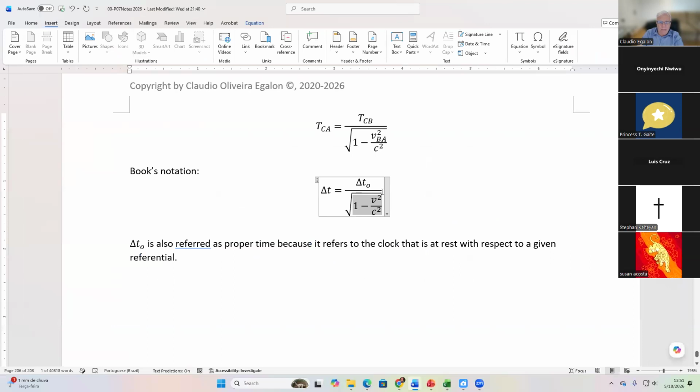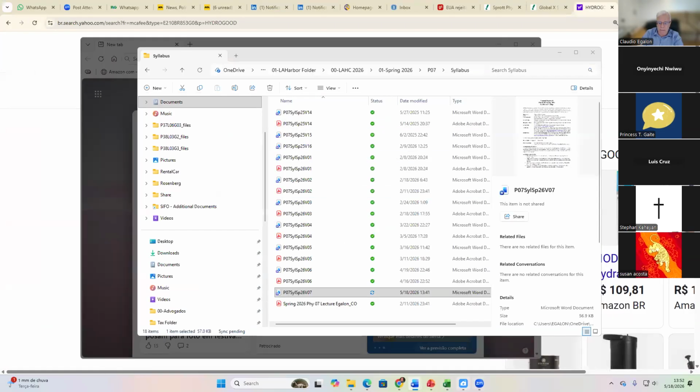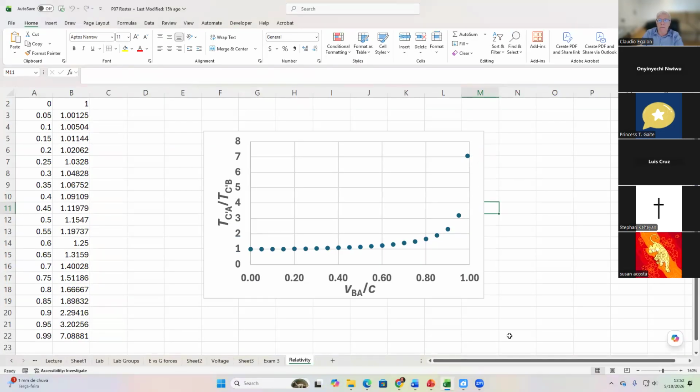When the velocity is equal to c, we have a division by 0, a delta t that's very large, going asymptotically to infinity.